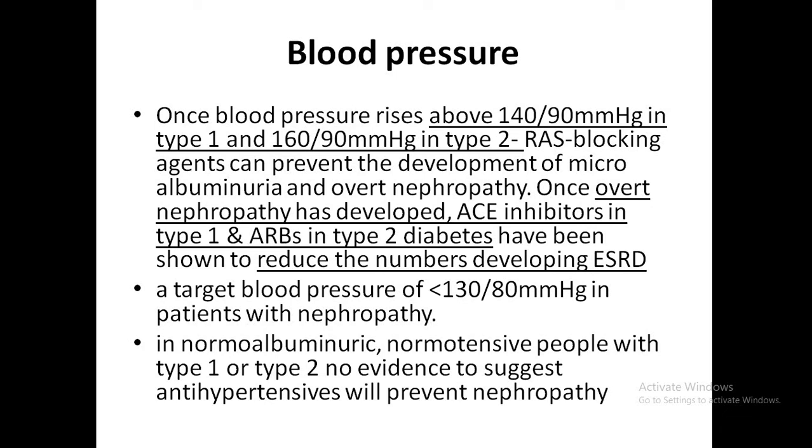The target blood pressure is less than 130/80 in patients with nephropathy, and in normoalbuminuric, normotensive people with either type 1 or type 2, there is no evidence to suggest that antihypertensives will prevent nephropathy.